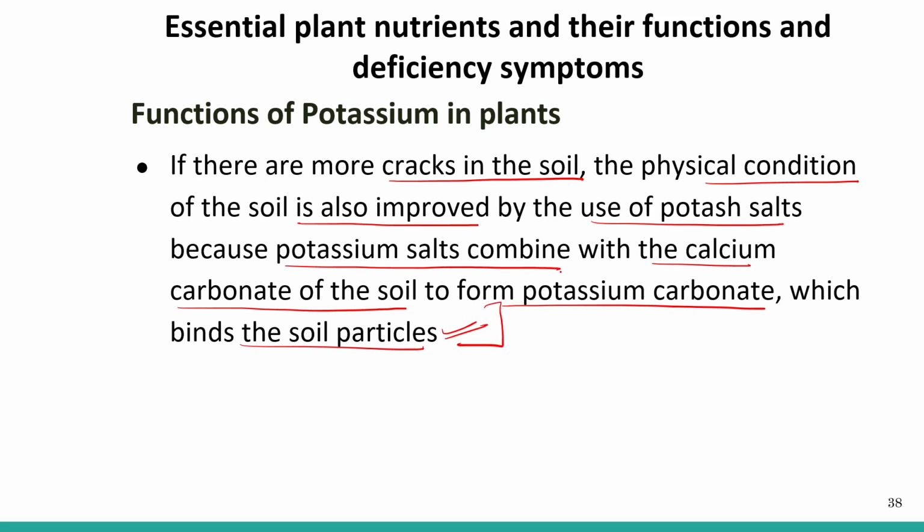If there are lots of cracks in the soil, that soil is not good for the growth of crops or any other plants, and there will be loss of water by evaporation, right? So when potash is added to such soil, it combines with the calcium carbonate, the calcium is replaced by the potassium, and finally potassium carbonate is formed, which binds the soil particles.